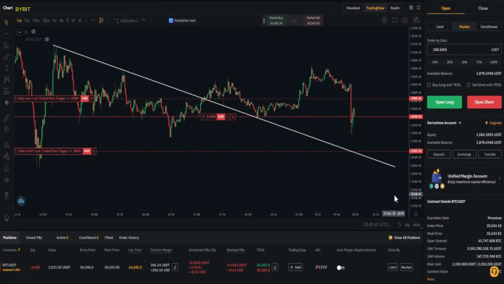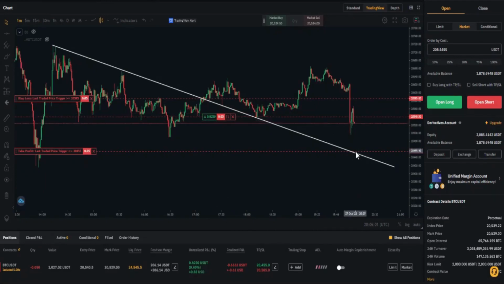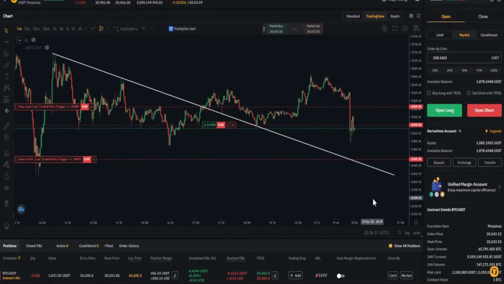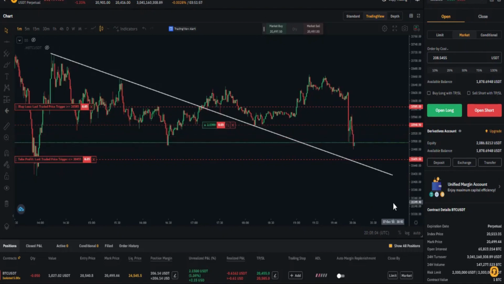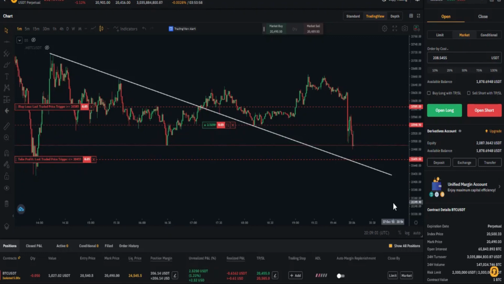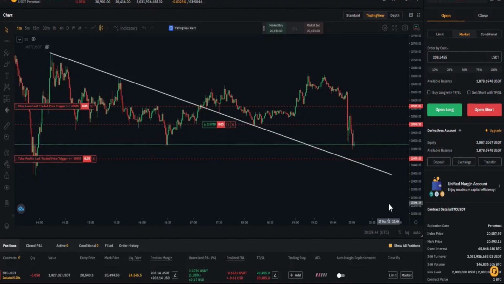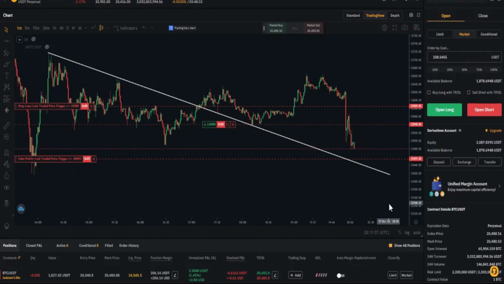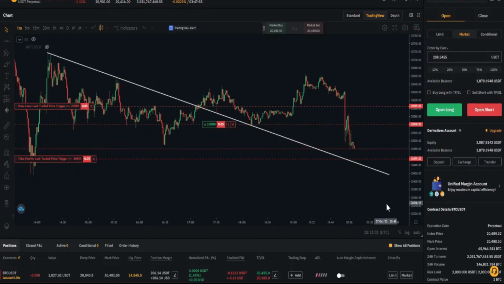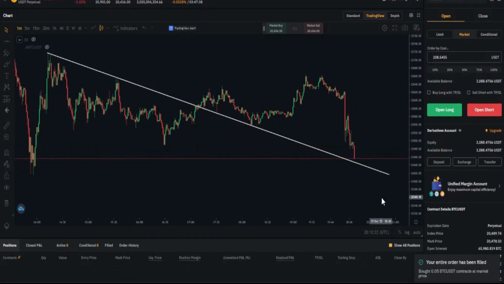Now everything is good, the stop loss has been set, which does not exceed 0.10%, and the take profit has also been set, so all we have to do is wait a little. Now, as we can see, the target has been achieved.